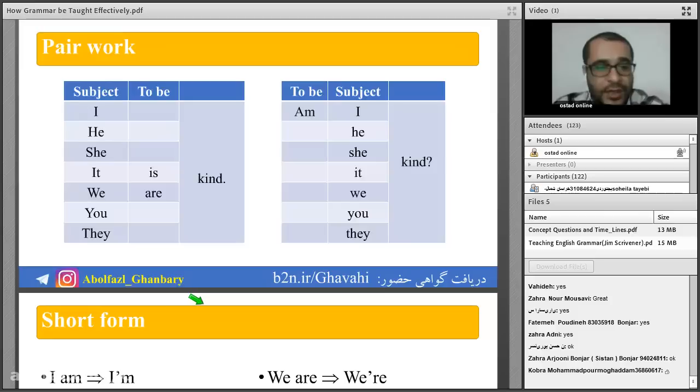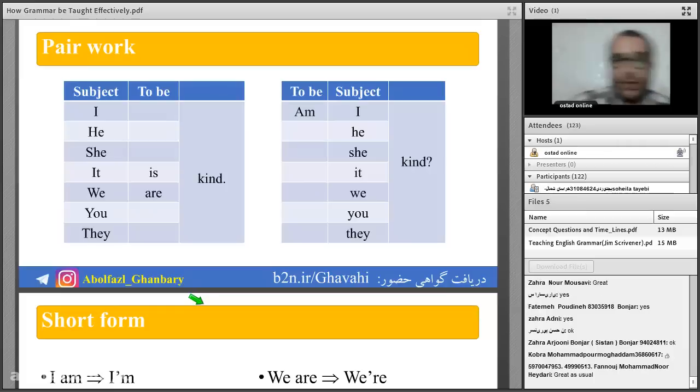Very good. Hello. Guys, look at the board. I want you to fill in the blanks or fill out the table with is, are. For example, you say, it is kind. We are kind.